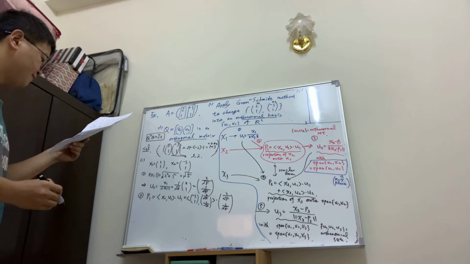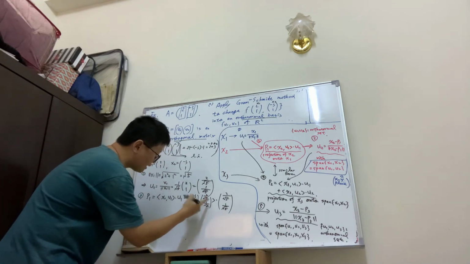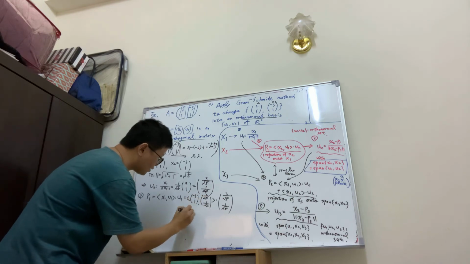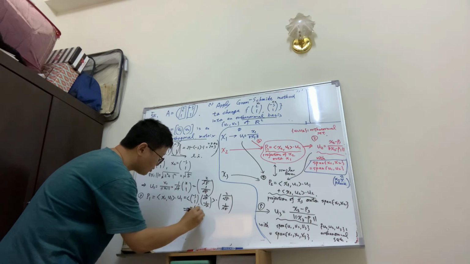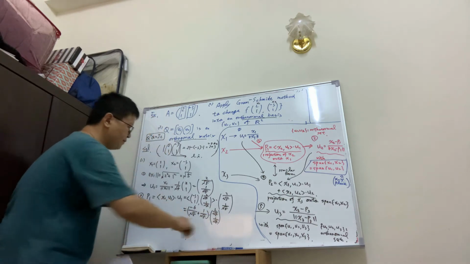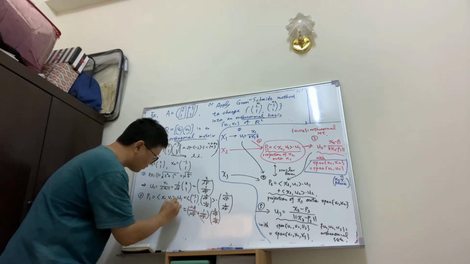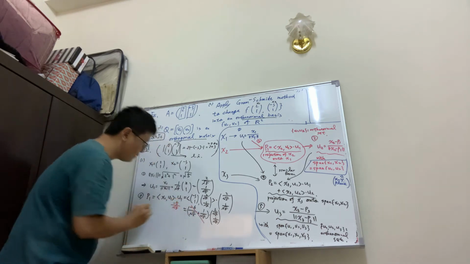What's the inner product? Negative 3 times 2 over square root of 5, so negative 6 over square root of 5, plus 1 over square root of 5, times the vector 2 over square root of 5, 1 over square root of 5. Negative 6 plus 1 is negative 5 over square root of 5.